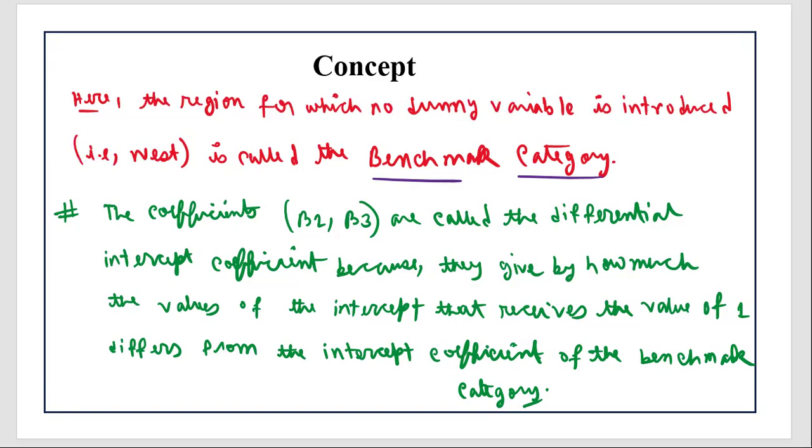So this will be the interpretation of the intercept and the slope terms in the presence of dummy variables.